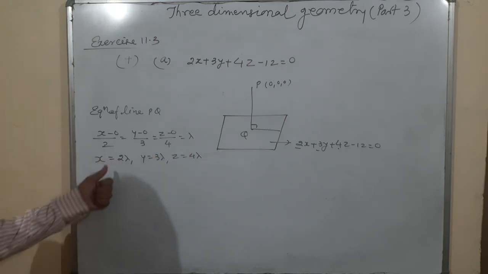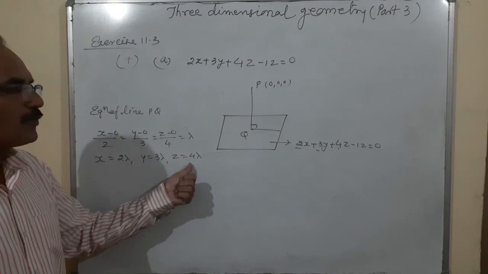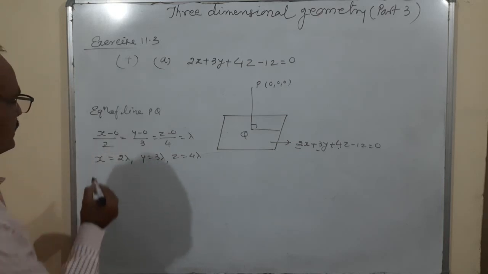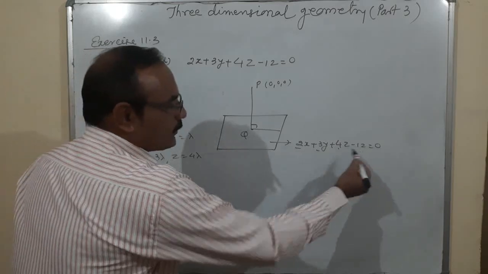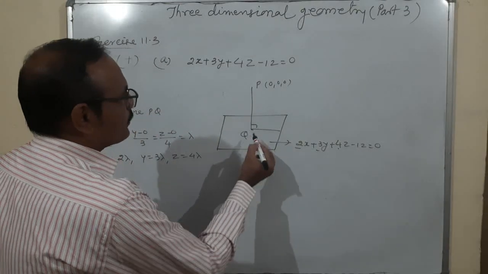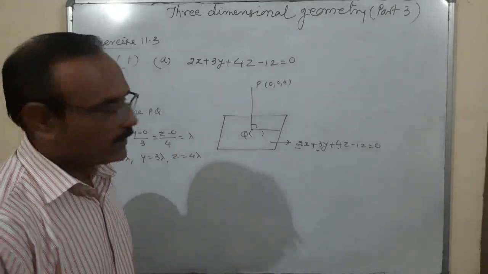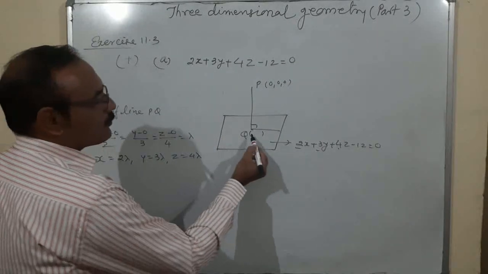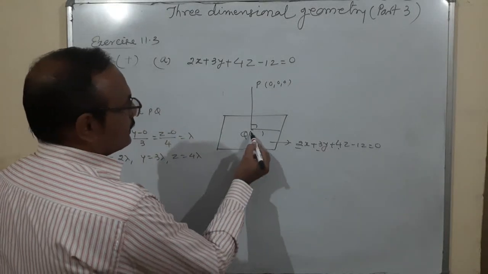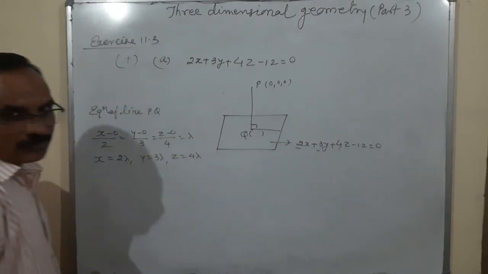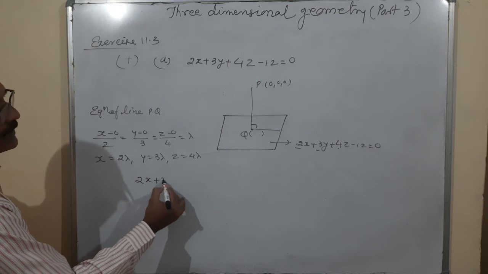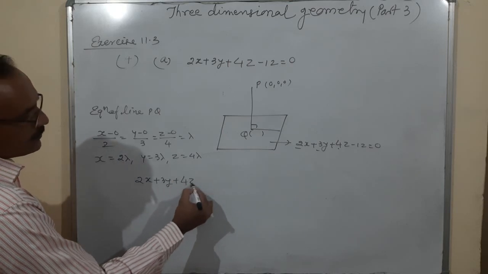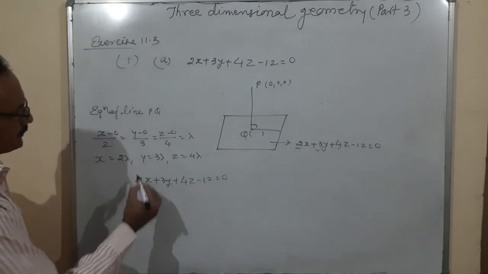These are the points x, y, z that satisfy this equation, because they lie on the line, and this point Q will satisfy the equation of the plane. So we put 2 lambda, 3 lambda and 4 lambda in 2x plus 3y plus 4z minus 12 is equal to 0.